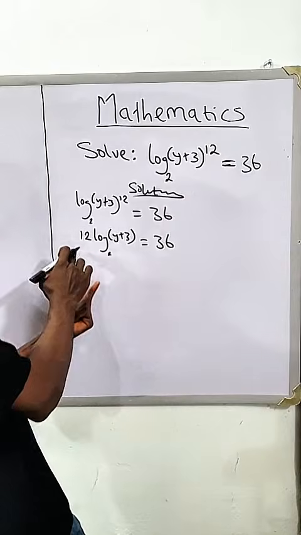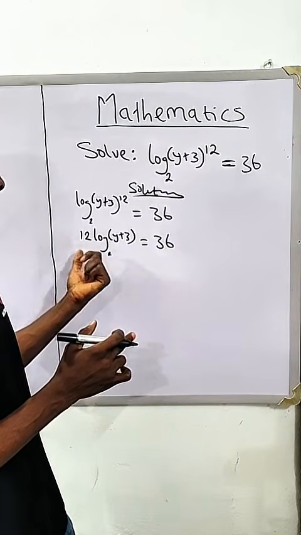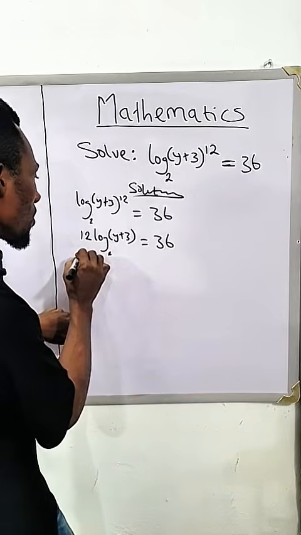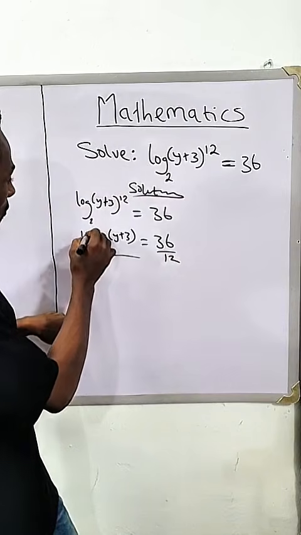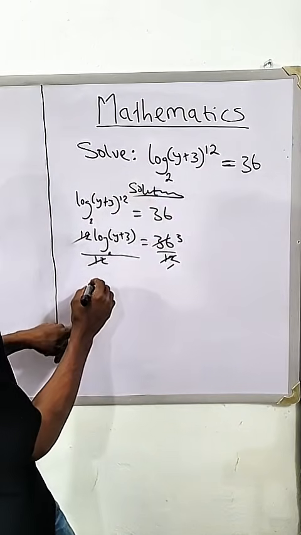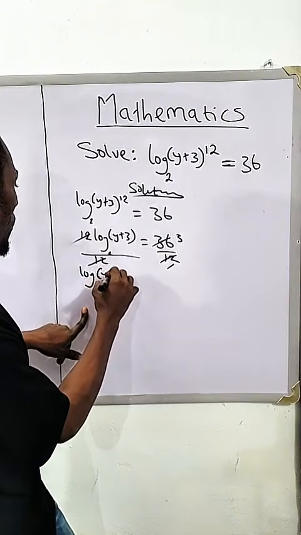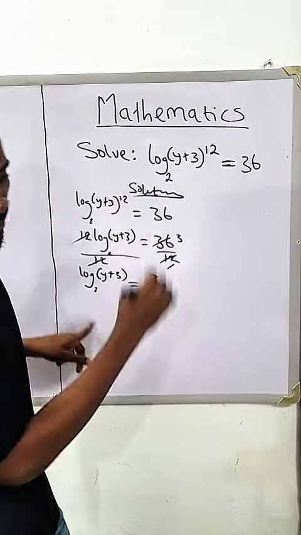I will divide both sides of the equation by the coefficient of this log, which is 12. Divide both sides by 12. 12 divided by 12 is 1, and 36 divided by 12 gives me 3. So I'm going to have log base 2 of (y plus 3) is equal to 3.